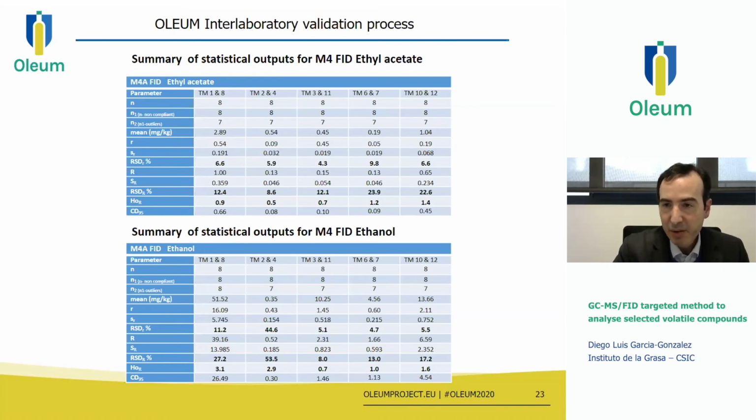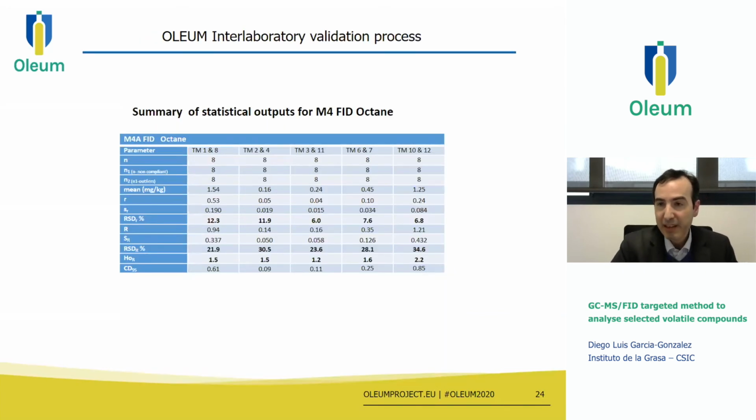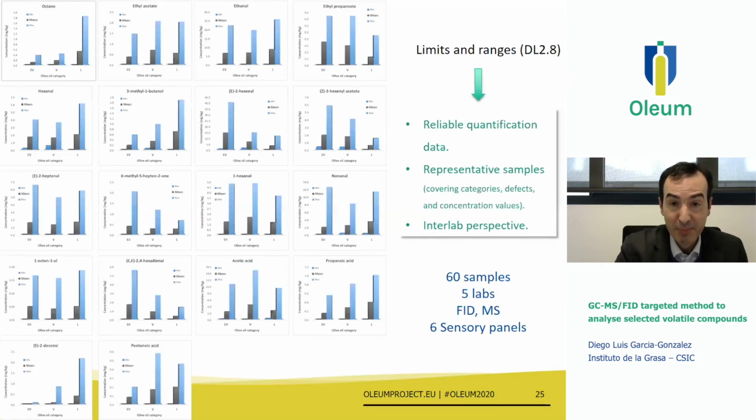In the case of ethanol, it was from 8 to 53. We have here in the high value for relative standard deviation a clear influence of the low concentration of ethanol in this sample. And finally, in octane, we have a relative standard deviation between 20 and 30%. Of course, all these values can be compared with the values that we obtained within OLEUM validation, but also at the beginning of the project when the protocols were not harmonized and we obtained higher relative standard deviations.